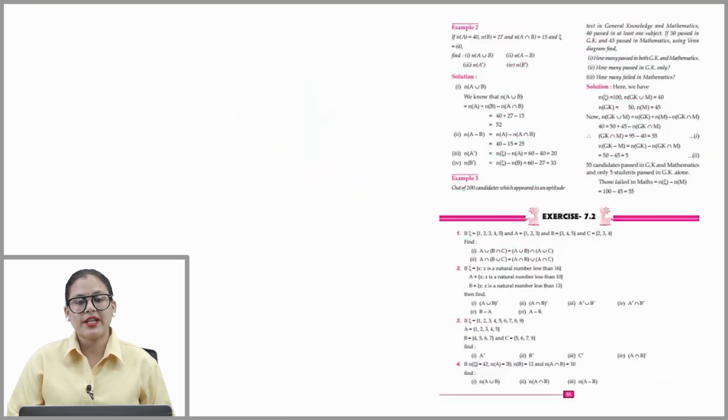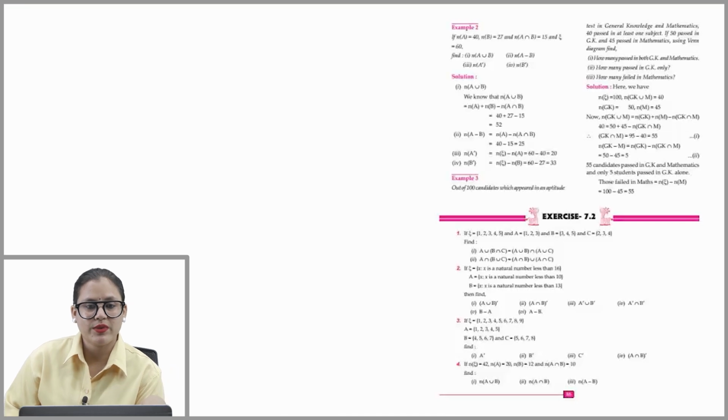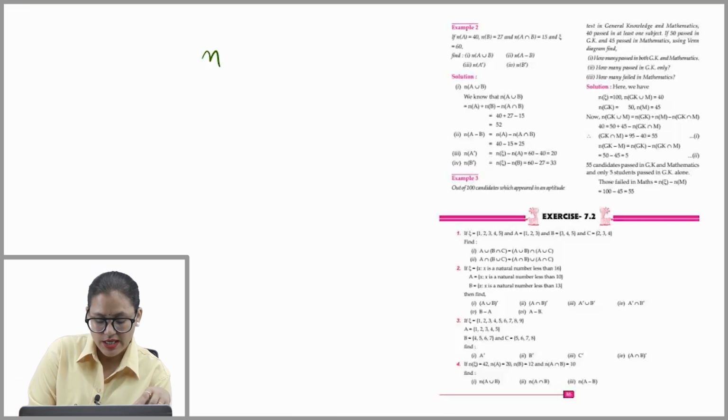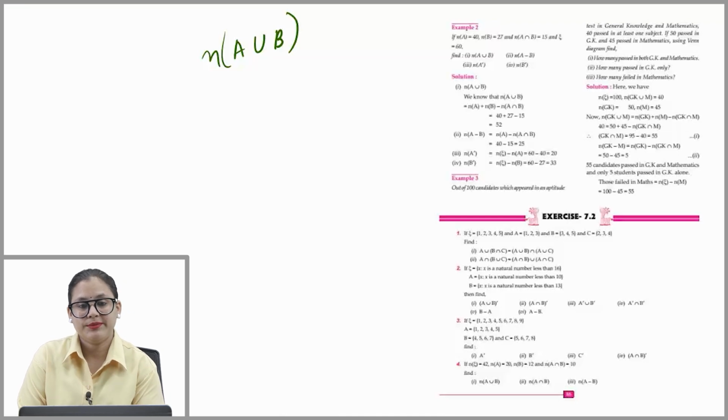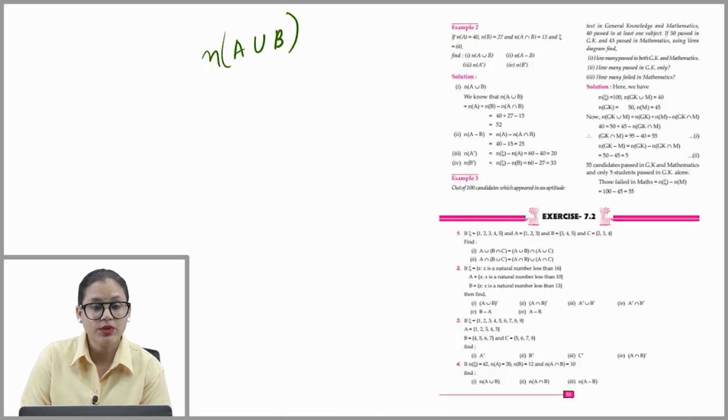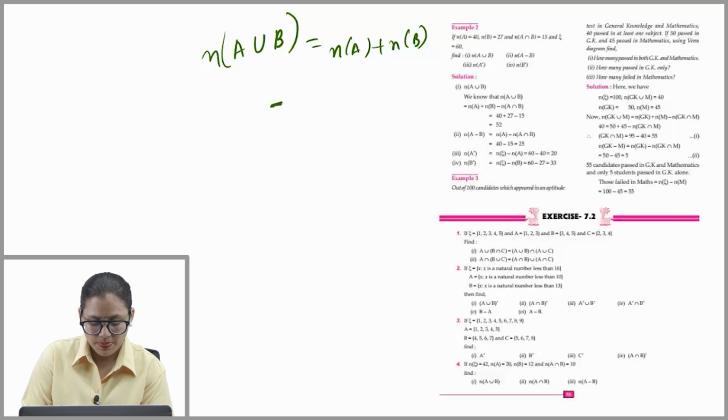Example 2 is if n(A) is equal to 40, n(B) is equal to 27, n(A intersection B) is equal to 15 and n(epsilon) is equal to 60. Then we have to find n(A union B). Okay. So we know that n(A union B) is n(A) plus n(B) minus n(A intersection B).